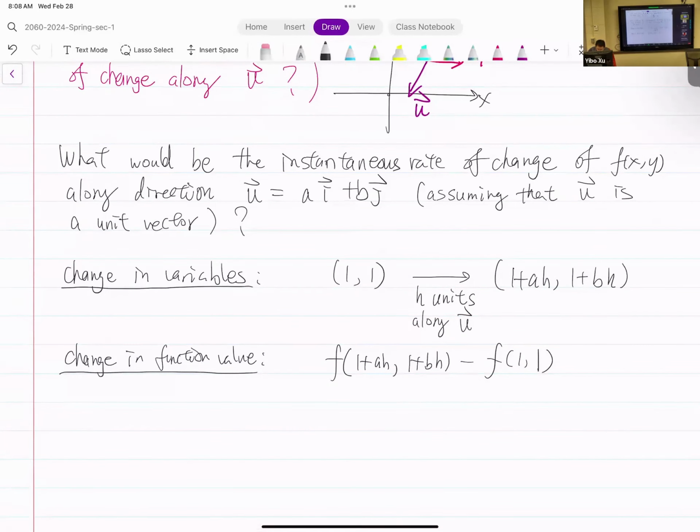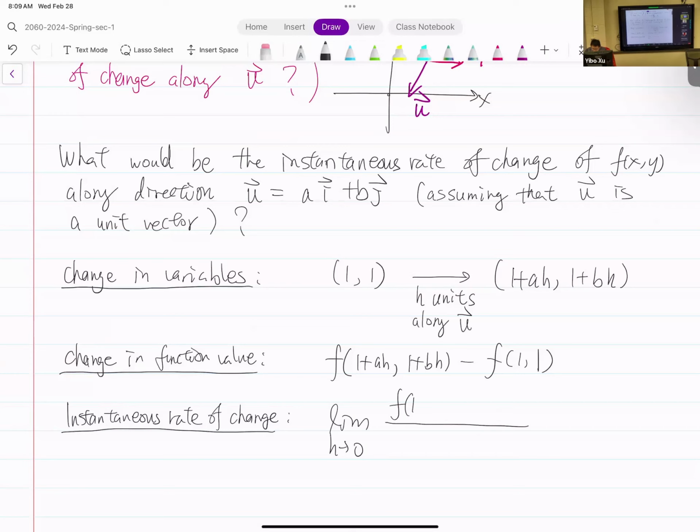So the instantaneous rate of change is going to be the limit where my increment h goes to 0, and I'm just taking the limit of this slope of secant, the average rate of change. Okay.